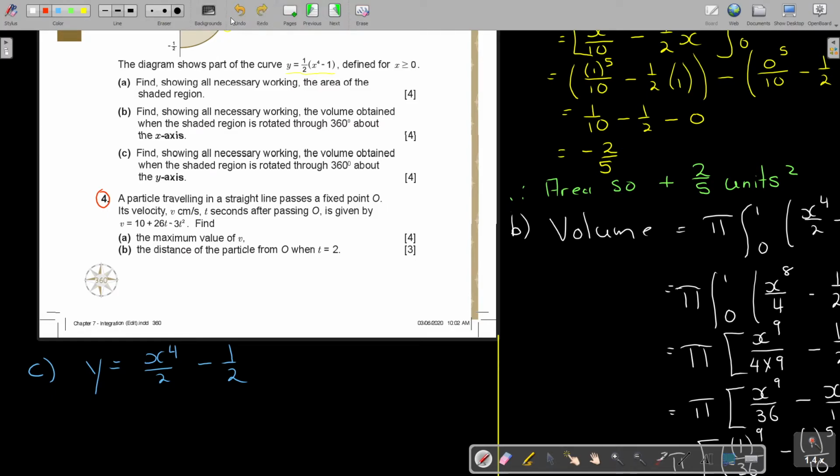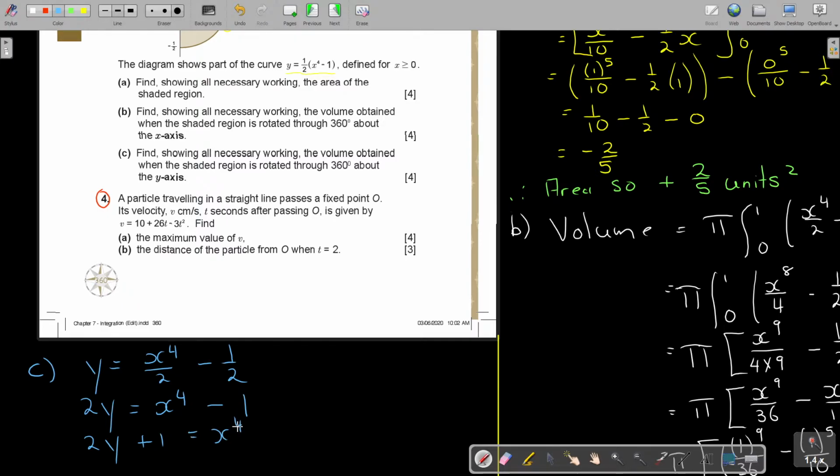Let's just keep to blue. 2y is equal to x to the power 4 minus 1. Okay, so basically 2y plus 1 is equal to x to the power of 4.